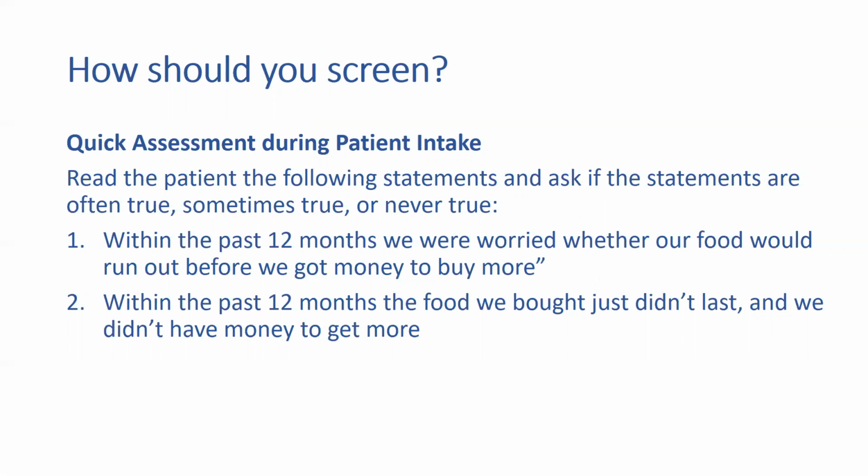The second is, within the past 12 months, the food we bought just didn't last and we didn't have money to get more. For both statements, affirmative answers, so whether it would be often true or sometimes true, are considered positive, and they would lead you to dig deeper about that patient's food security or insecurity experiences. So this is just a simple, very quick initial screening.